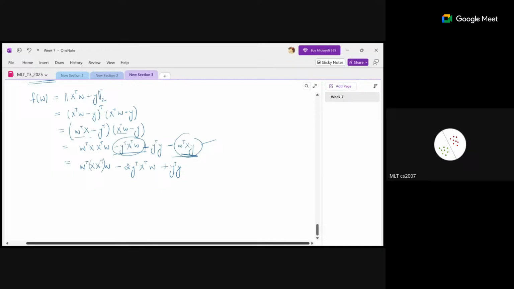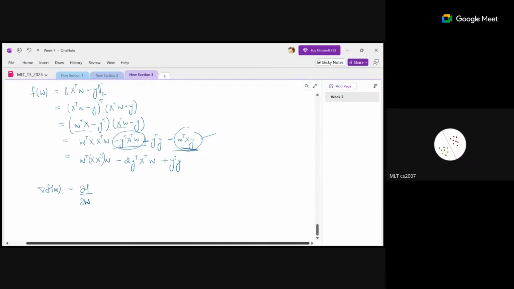Now this is my f(w). What do we want? We want the gradient of f(w), which is basically doing the partial derivative of f with respect to w. If you take the derivative, the y transpose y term goes off, and these are the two terms that we are left with.